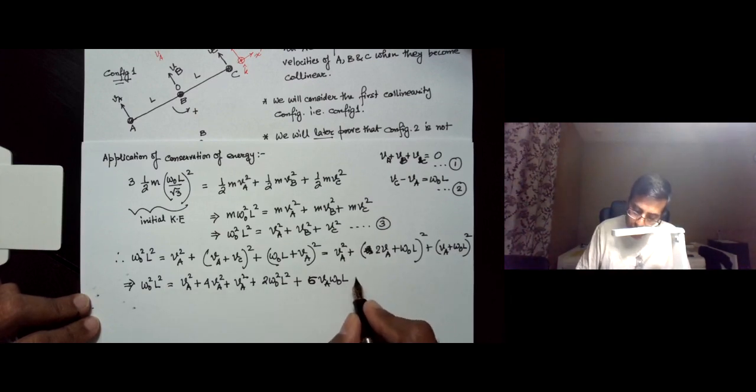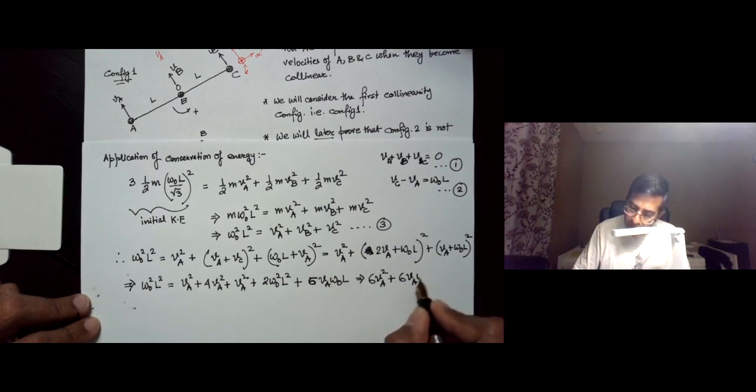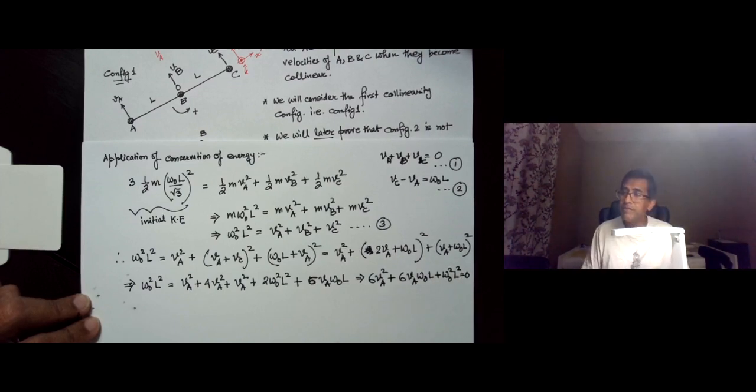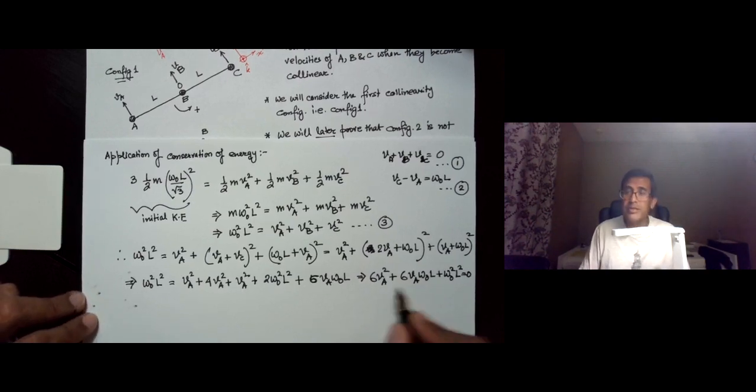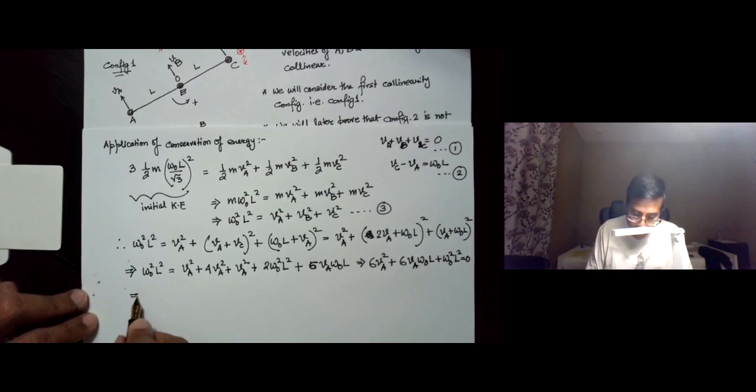And so we get the following equation: 6 Va squared plus 6 Va omega naught L plus omega naught squared L squared is equal to 0. That's essentially a quadratic that needs to be solved for Va.